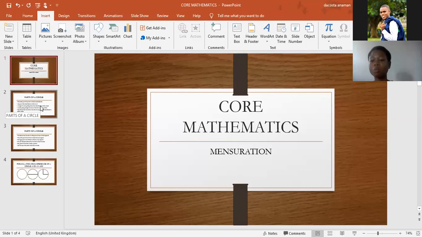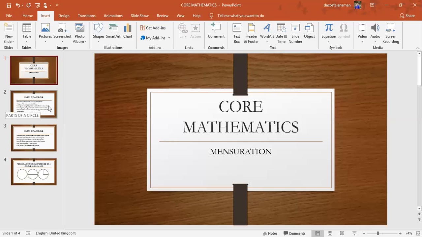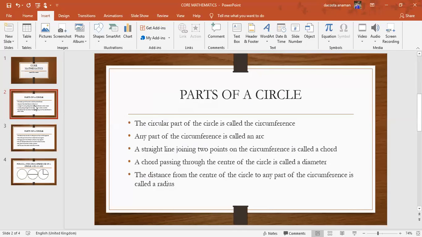I know that you all did circle in JHS, right? I know that you all did circle in JHS because I'm teaching someone circle in JHS at the moment. So we are going to start off with part of a circle, which is very simple for all of you.